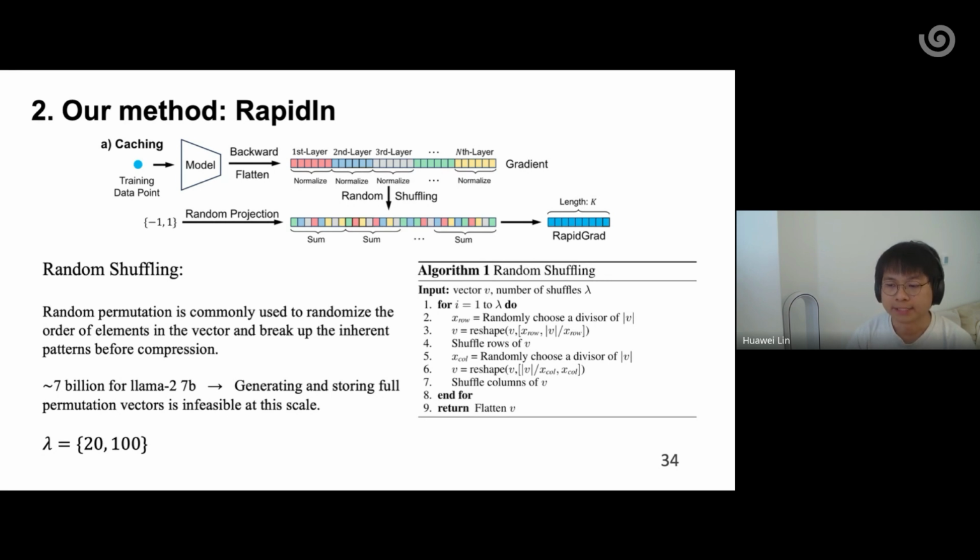In each round, we select a divisor of the length of the vector, reshape the vector to a matrix, and then shuffle the rows and the columns. In our experiments, we set lambda to 20 and 100. Previous methods used random permutation; now we propose random shuffling.